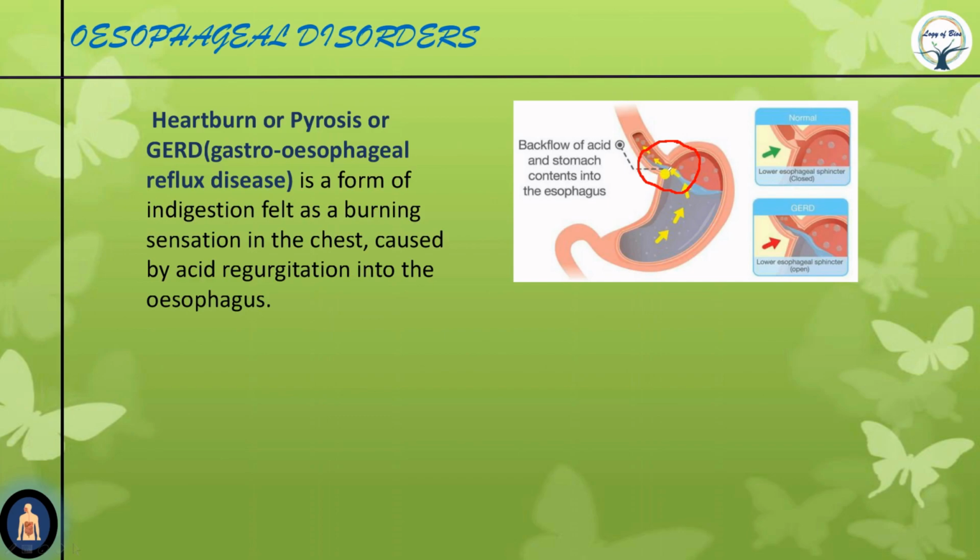As a result, the opening is not closed and there is a chance that acidic contents of the stomach may go into the esophagus and burn it. So overall, a burning sensation happens in the chest, and as this area is near the heart, it is called heartburn because it seems like the heart is burning.